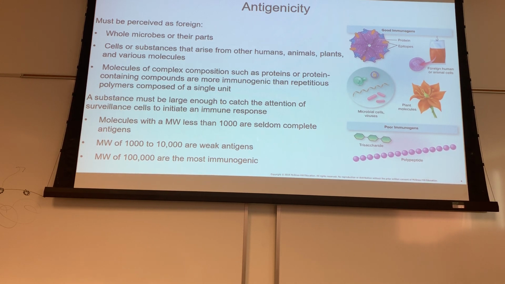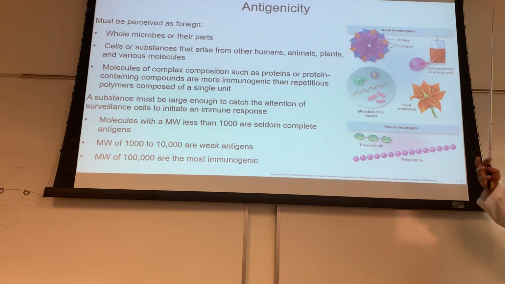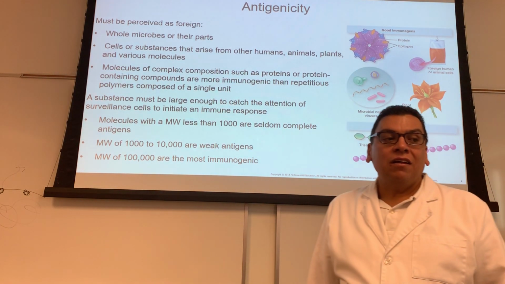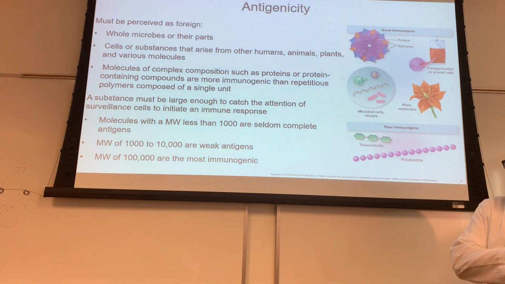Now here's another thing. If the antigen is protein or complex things, like made up of complex things, it's better. Protein is better in antigenicity. Now if you combine both things, a large protein, oh, that's the best thing.